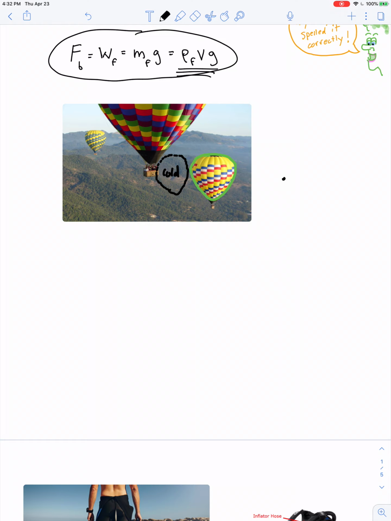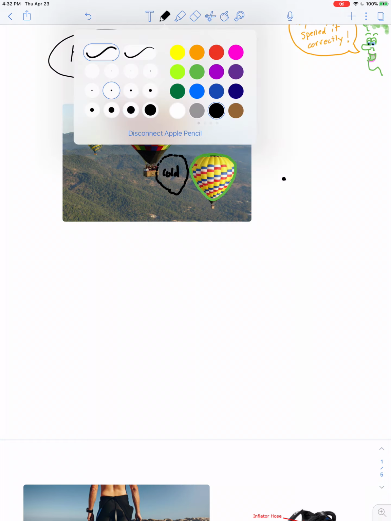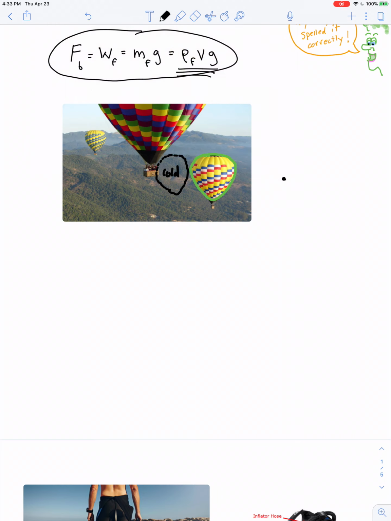So if we make a free body diagram, we show two vectors. One vector pointing down, well, that's the weight of the hot air balloon, and then the other vector pointing up, that's buoyant force. Now, I don't think anything's going to change the buoyant force in the control of a hot air balloon.